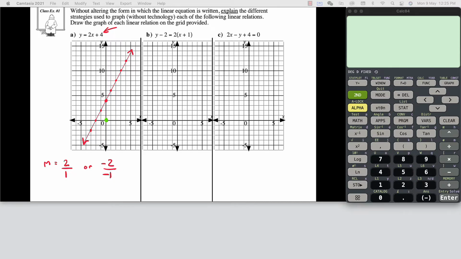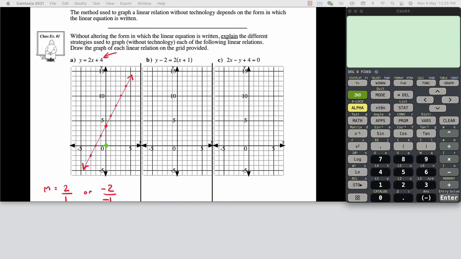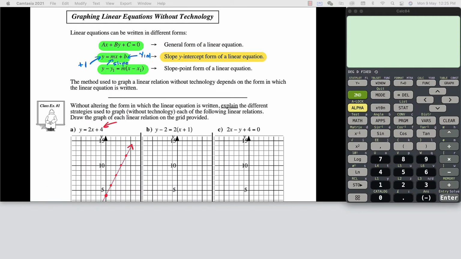I've got y minus 2 equals 2 times x plus 1, and that's going to be this format right here, the slope point form. So what do I have in there that I can work with? Well, this one is my y, and that is my x point that I can put on the graph, and that m is going to be my slope. What you need to recognize right here is this says y minus the y coordinate and x minus the x coordinate.